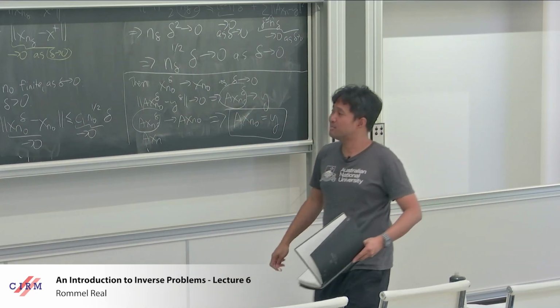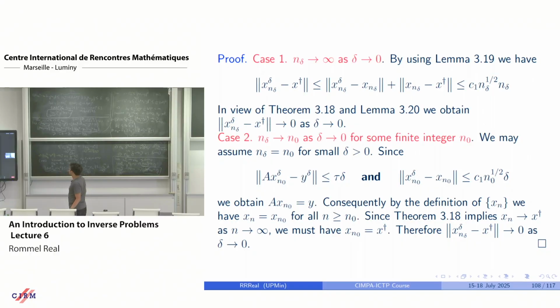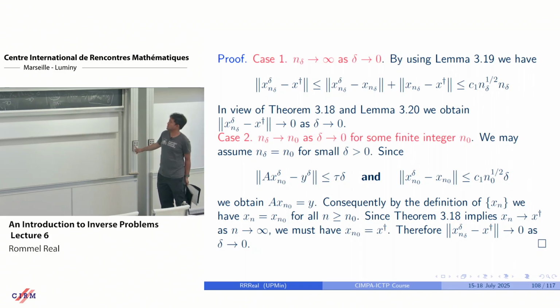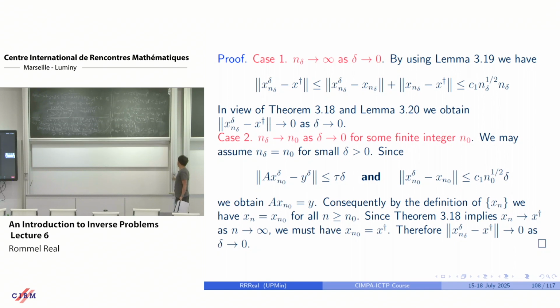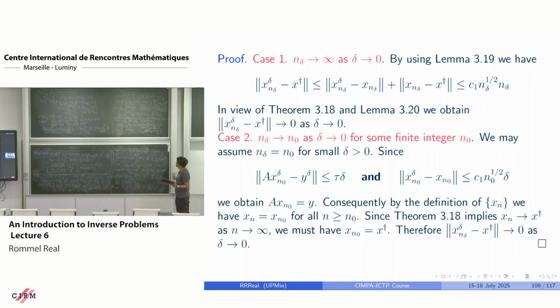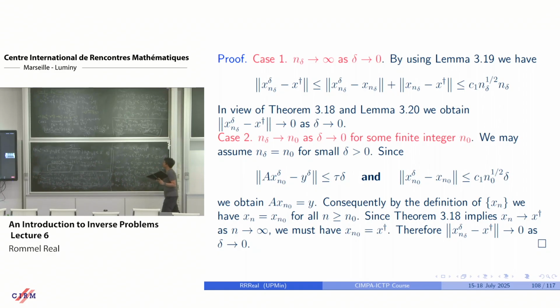And by following the same argument here, it follows that the solution x sub n O satisfies our linear problem. Now, what does this result mean?